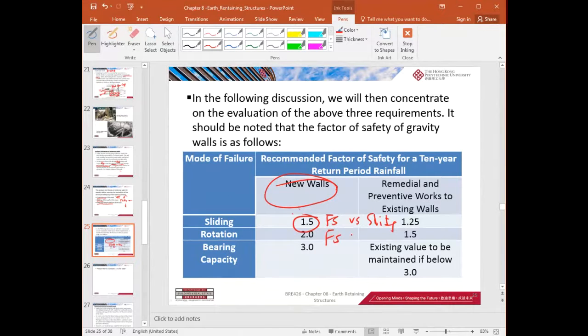Factor of safety against overturning, right, is 2.0. And then factor of safety against bearing failure is 3.0. Okay, so 1.5, 2.0, and 3.0.